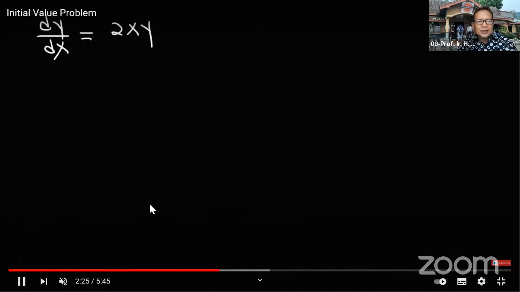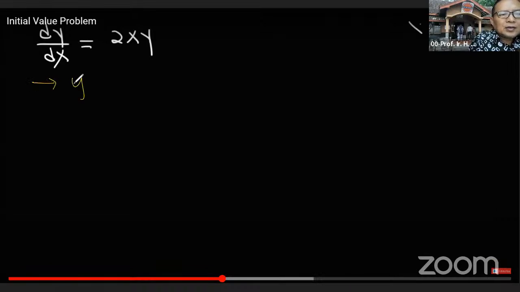So about the second one here, because on the right side there is also y, we have to find y. What is y? So the problem is, y is what?